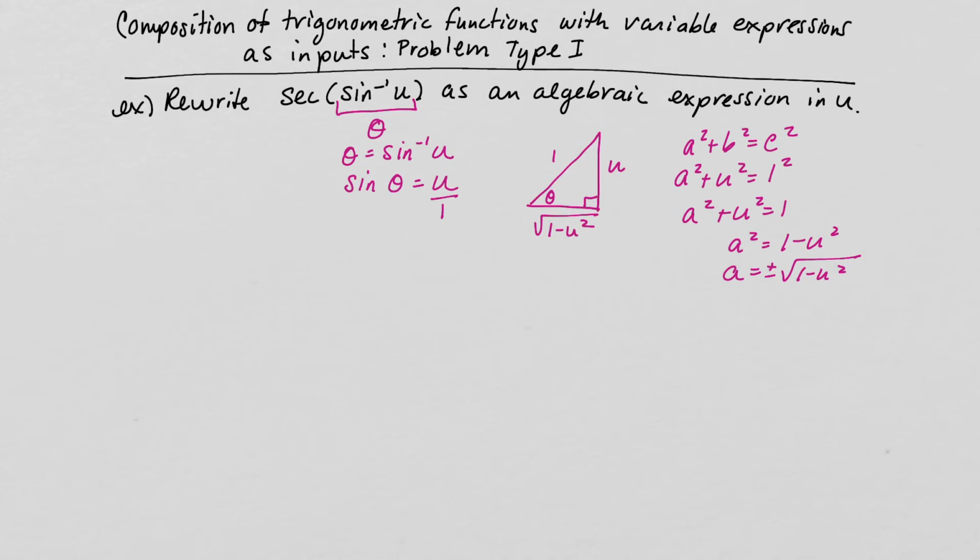And now we're looking for the secant of the inverse sine of u. And so that is going to turn into now the secant of theta, which I can read off of my triangle. So remember, secant is the cosine flipped over. So it's going to be the hypotenuse 1 over the adjacent, the square root of 1 minus u squared.